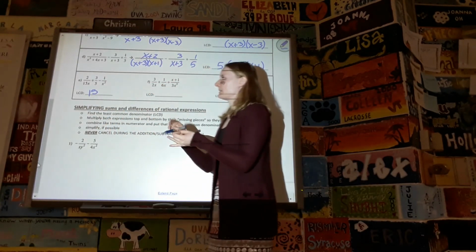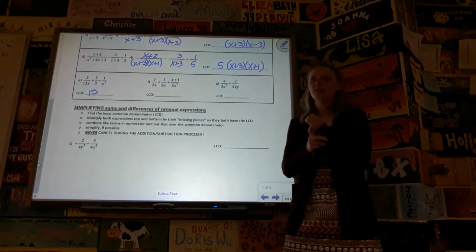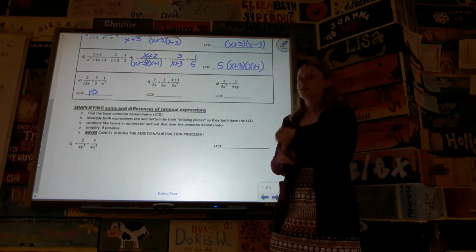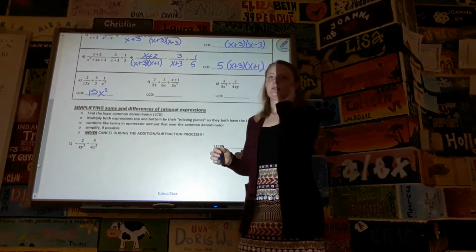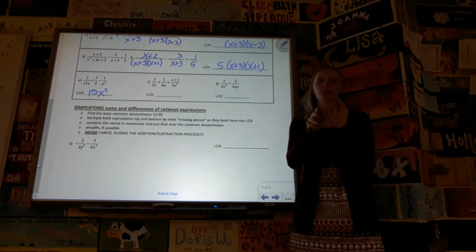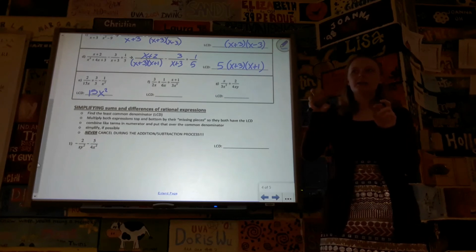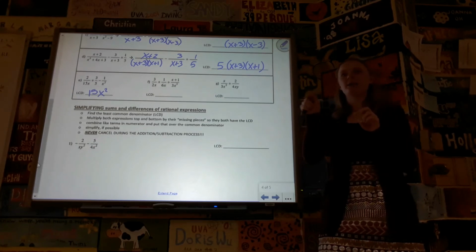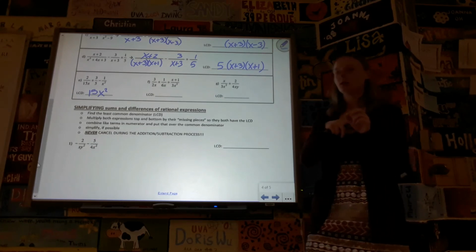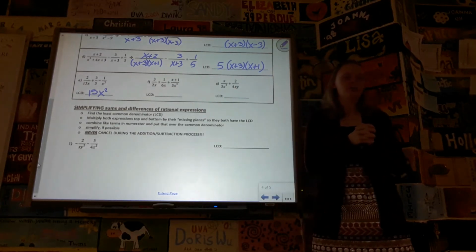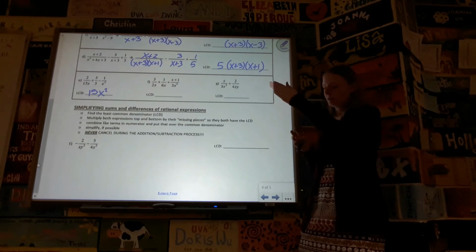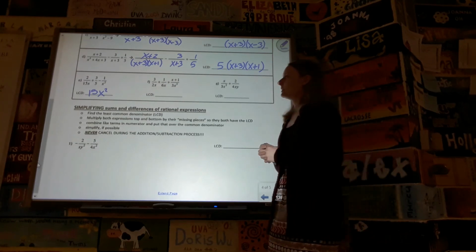And then I have x, nothing, and then x squared. X squared. Like I was saying, whenever you guys have monomials like this and you have the numeric part and the variable part, whatever the biggest variable thing is, the variable with the highest degree, that is going to be part of your LCD, least common denominator.